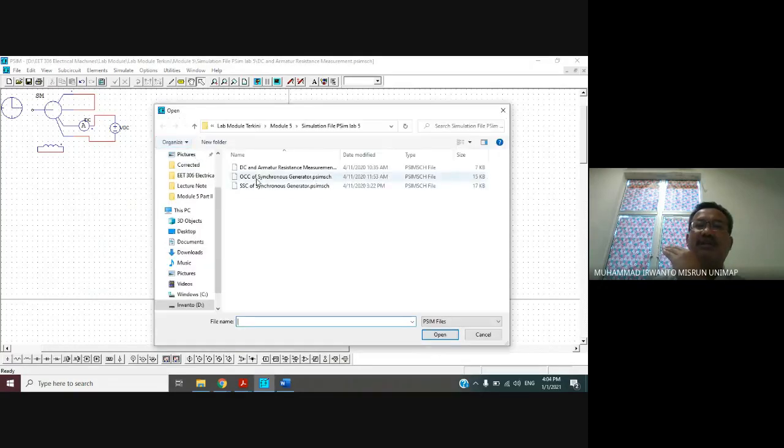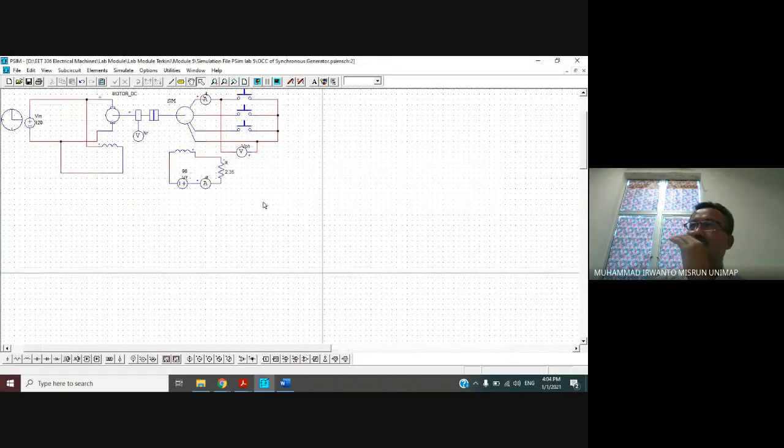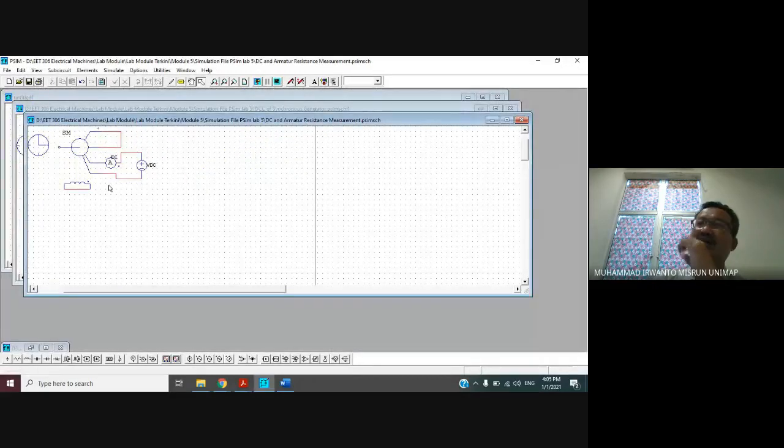For example, in your lab 5 part 1, I repeat again, when you do the DC test like this, the synchronous generator is in no operation condition. This one, remember.